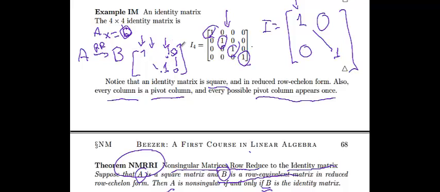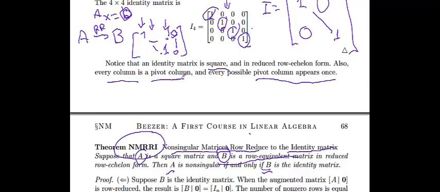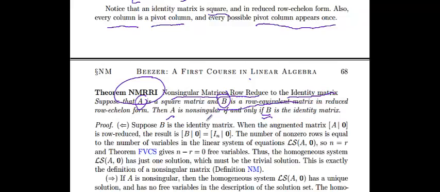The first row gives x1 equals 0, the second row gives x2 equals 0, and so on. So if the row equivalent row reduced matrix is the identity matrix, the solution is 0, and there's only the 0 solution, no other solution. So that proves the if part.